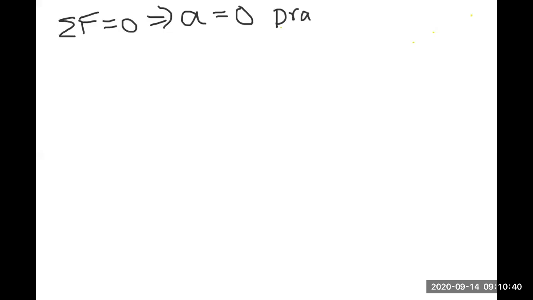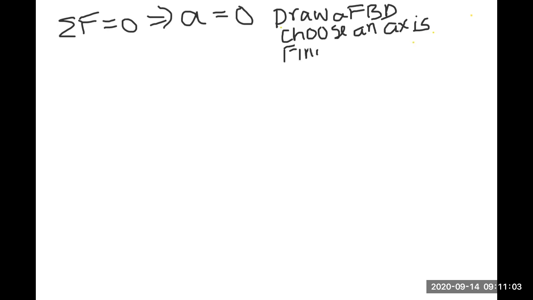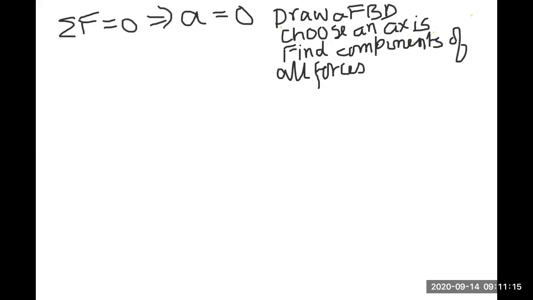We said that we will draw a free body diagram, and then you choose an axis, and then you find components of all forces not lying along the axis, right? And then what else do you do?